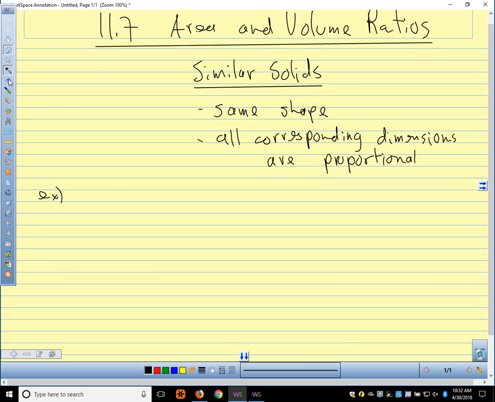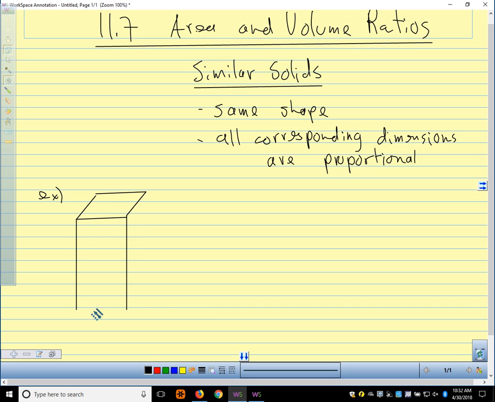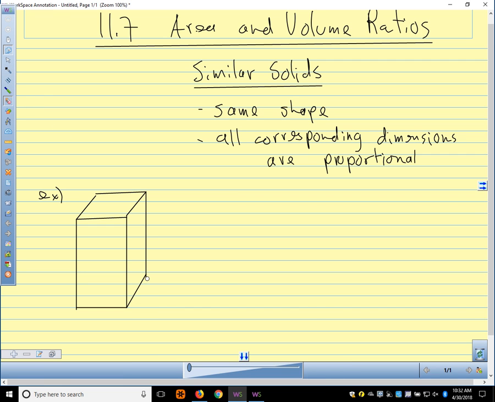So for example, if we had a couple of rectangular prisms, which is another way of saying a box. So we have a couple of boxes, not drawn to scale.